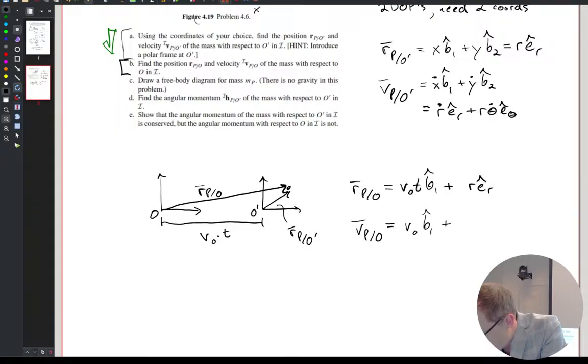And now this R ER, I already figured that out. It was R dot ER plus R theta dot E theta. Now I've got three different unit vectors, but as long as I'm keeping track, it's okay. You can mix and match unit vectors.